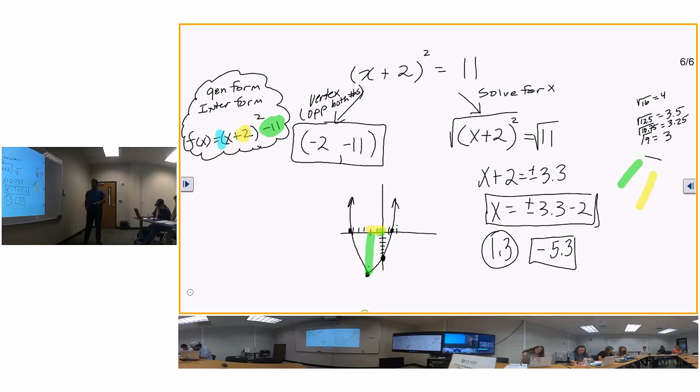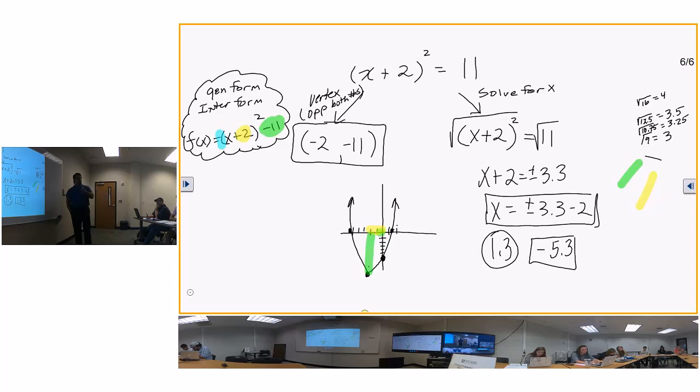Now, you're going to have to do this with absolute value. Absolute value, your cube function, your square root function, will always be given to you in the form a times x plus h, quantity, plus k. But with the quadratics, they want you to be able to change it. In unit 1, given this function, you state the vertical and horizontal shifts and orientation.